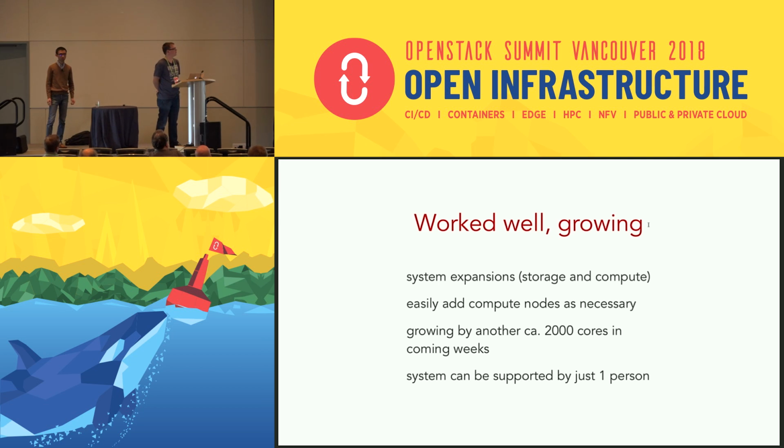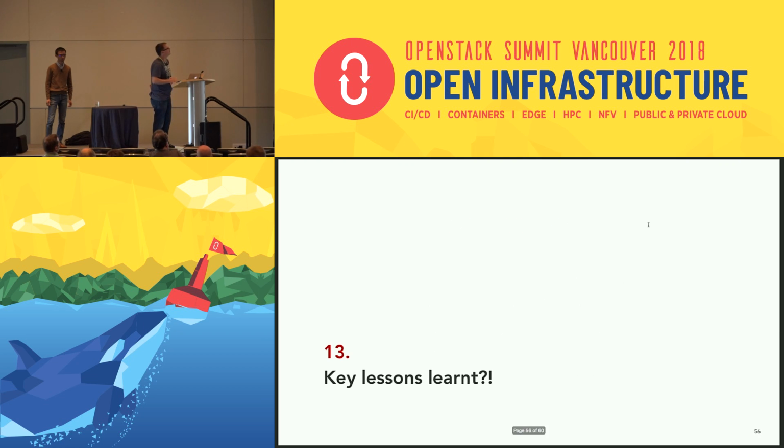Actually, that's not true. My MongoDB database is running out of space. But other than that, we can just add more hypervisors without any other problems. We ordered another 2,000 cores, which should be coming this month. The system can be supported by just one user. Yeah, sure.